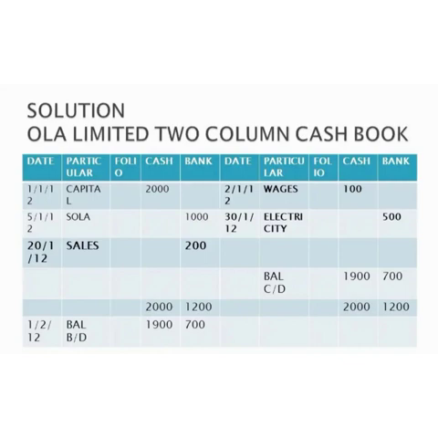After entering all the transactions in the double column cash book, on the debit side, under the cash column, there is a total of 2000 rupees. Then in the bank column, there is a total of 1200. On the credit side, there is 100 rupees under cash, and 500 rupees under the bank column. So the next step is to find the closing balance.